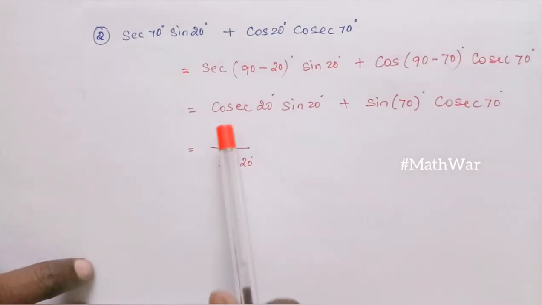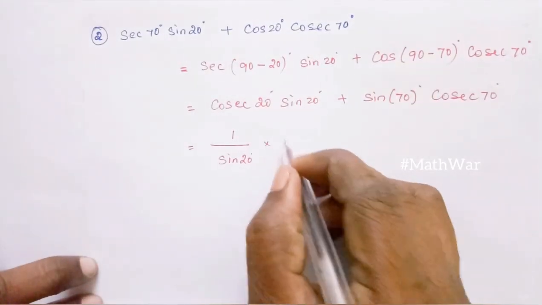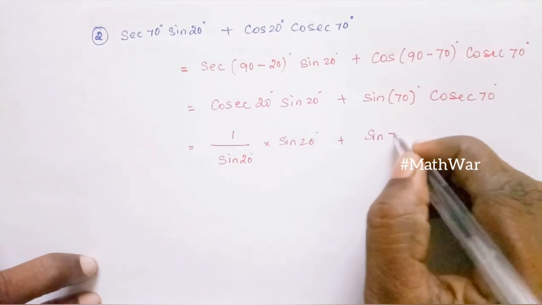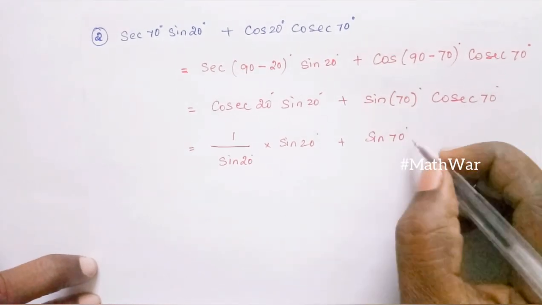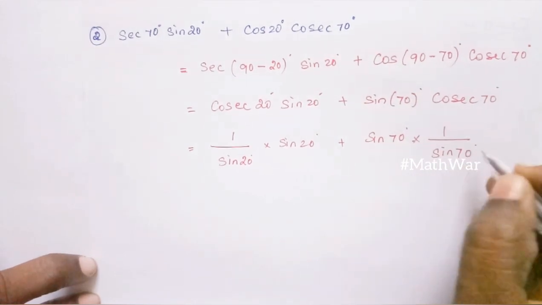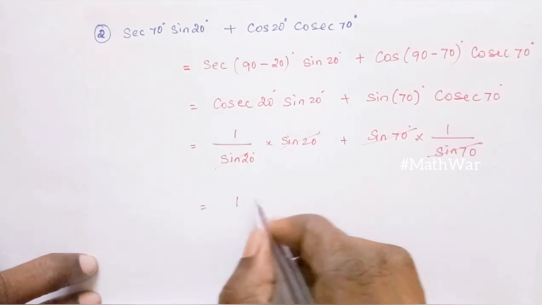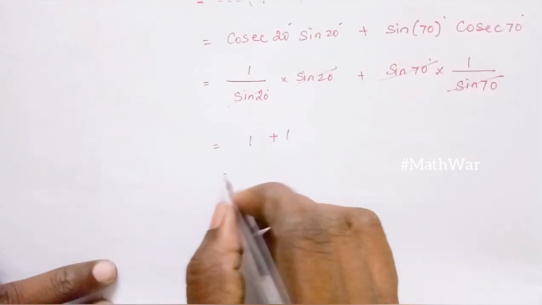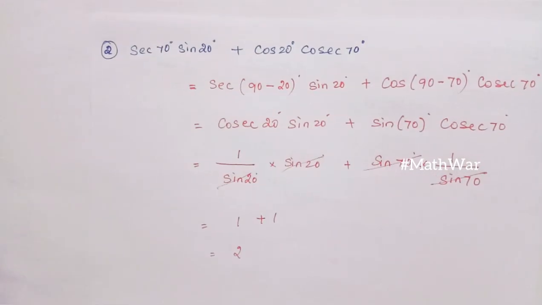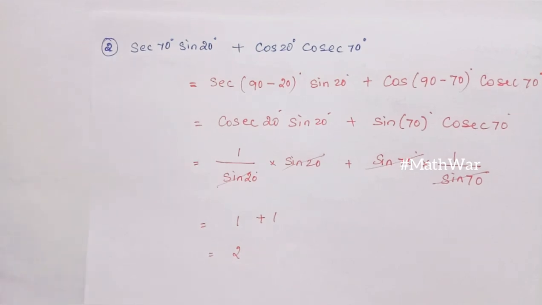We know that cosecant 20 degree is nothing but 1 by sin 20 degree, into sin 20 degree, plus sin 70 degree into cosecant 70 degree, which is 1 by sin 70 degree. So sin 70 and sin 70, sin 20 and sin 20 will get cancelled. Finally 1 plus 1, the answer is 2. Therefore secant 70 degree sin 20 degree plus cos 20 degree into cosecant 70 degree, the answer is 2.